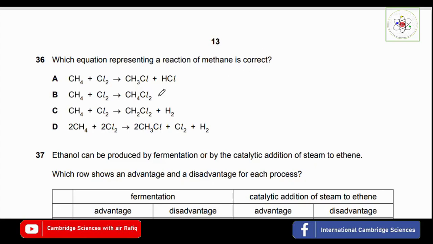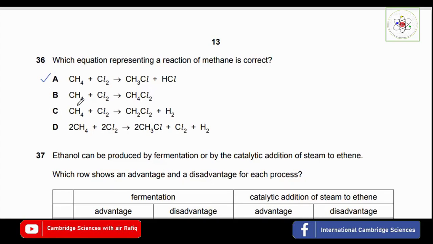When we chlorinate methane, or substitute hydrogen from methane, chloromethane is formed and hydrogen chloride. So this seems to be correct. The other equation can never happen because one chlorine substitutes one hydrogen, forming chloromethane in the first step, and then the second chlorine atom of the diatomic chlorine molecule reacts with the outgoing hydrogen to form hydrogen chloride.